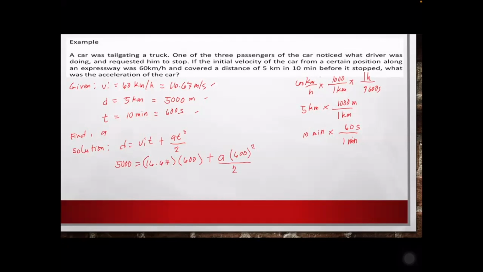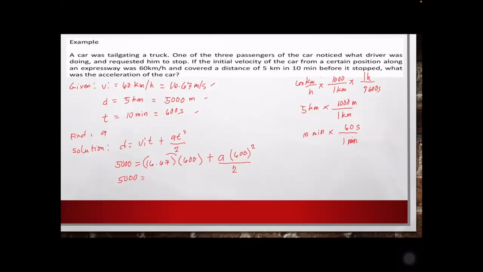Let's see how to plug in into the formula. Next is multiply na muna natin itong dalawa. 16.67 times 600. What is 16.67 times 600? 10,000 po.